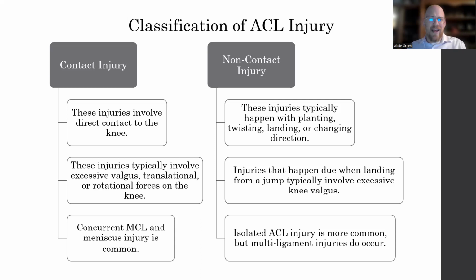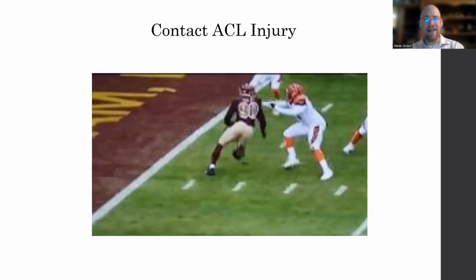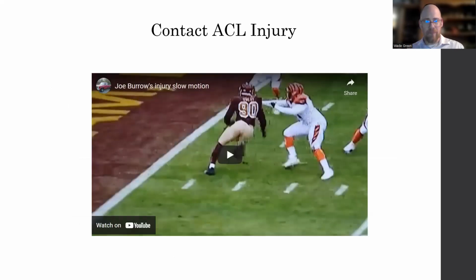It's more common in non-contact injuries to see isolated ACL injuries, where just the ACL is torn and the other ligaments in the knee are fine. But you can still have multi-ligament injuries with a non-contact mechanism as well.